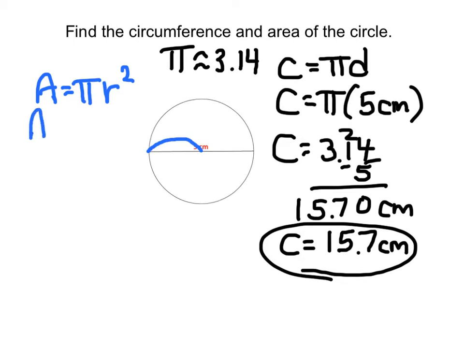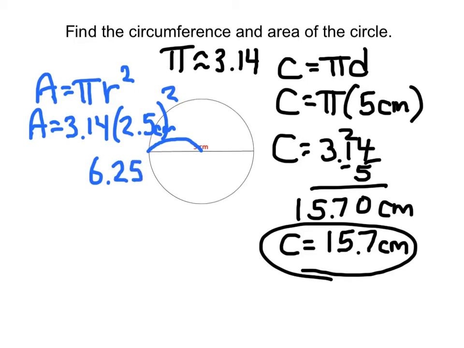All right, so area is going to equal 3.14 times 2.5 squared, and that's centimeters. So 2.5 squared, I'm just going to go ahead and write that. That's 6.25. And we're going to multiply that by 3.14.